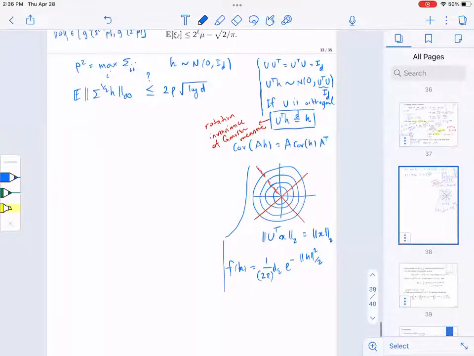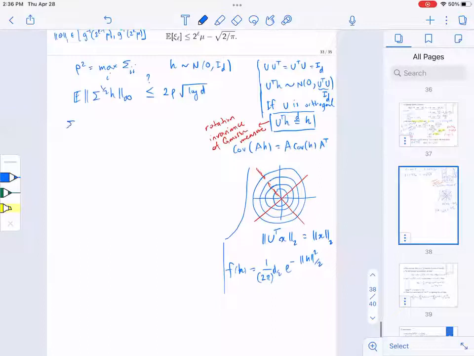I can do, let's say, an eigendecomposition of any symmetric matrix. Sigma is symmetric, so it has an eigendecomposition where U is orthogonal. This is the EVD. This is orthogonal, and this is diagonal. Lambda's diagonal entries are the eigenvalues.